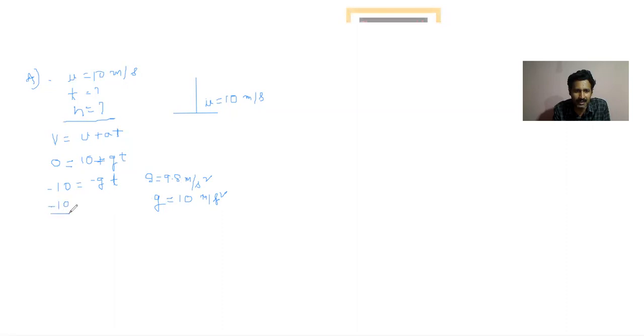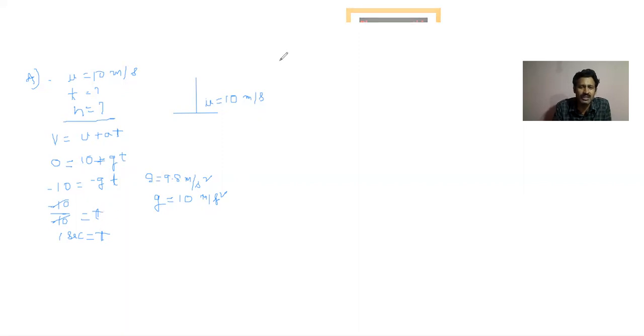So minus 10 equals minus 10 t. The minus 10 cancels, and 1 second remains. So the time of ascent is 1 second.